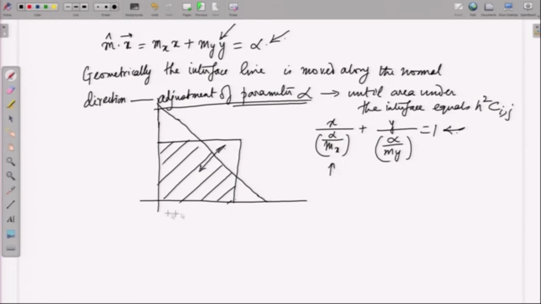So, this is the x intercept, the other is the y intercept, and so as you change alpha, these intercepts are going to change, and basically the interface within the cell will change. So, you are trying to find out an appropriate value so that it matches with this value. As soon as you reach that, you are going to get the new location of the interface.